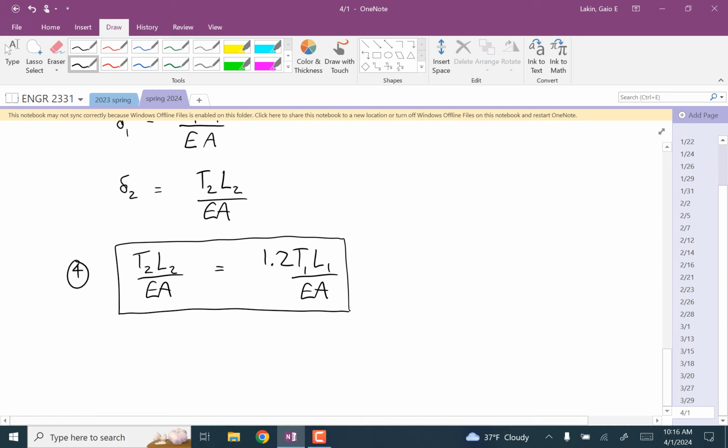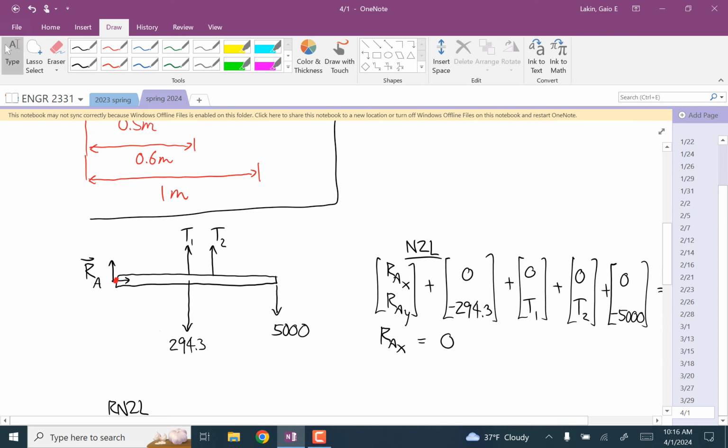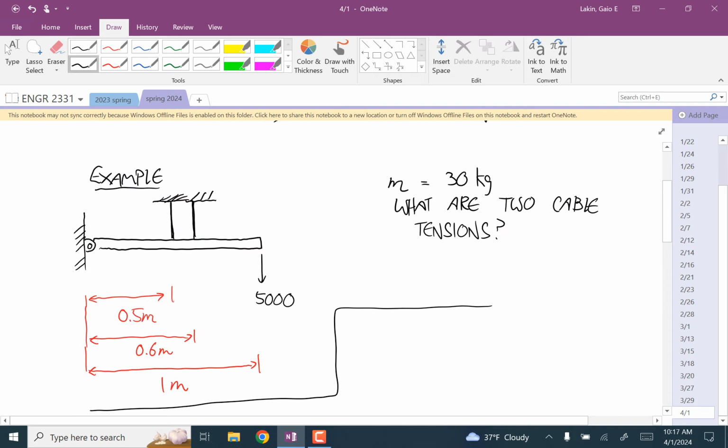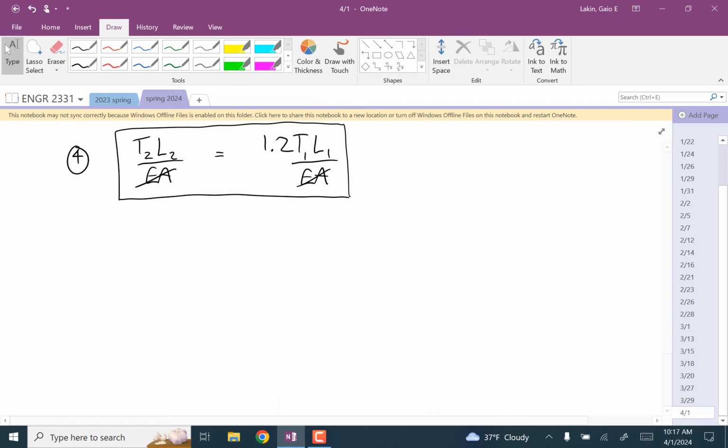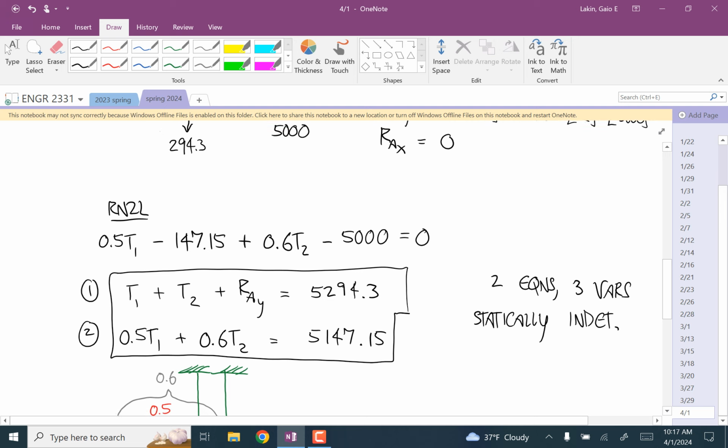Since E and A are the same, we can cancel those. Since L1 and L2 before the deformation are the same, we can cancel those. And we just get that T2 is 1.2 T1. Now you can plug that back into our system.